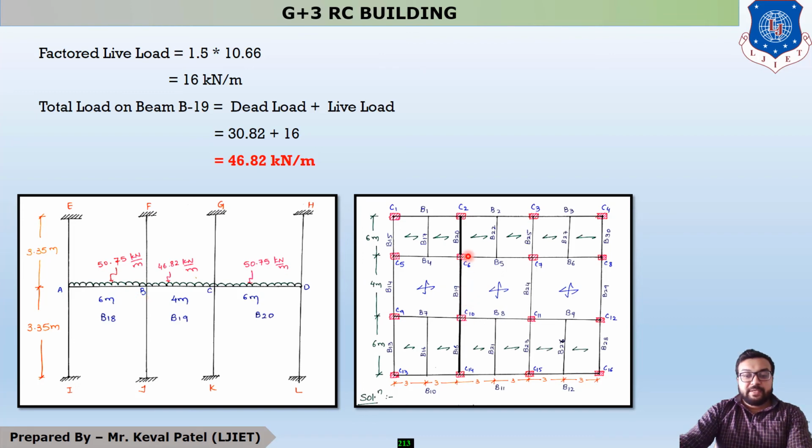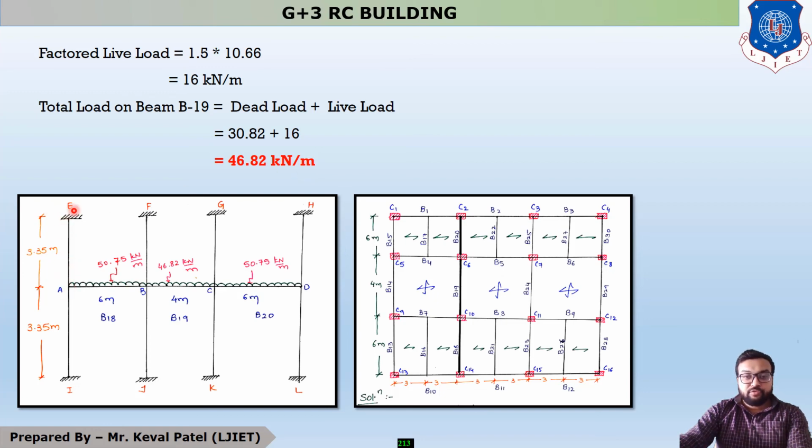Your second beam is beam B19 having a span of 4 meter, and our last beam is beam B20 having a span of 6 meter. The load represented on this figure on beam B18 and beam B20 is 50.75, and on beam B19 it is 46.82 kilonewton per meter, and this is column.